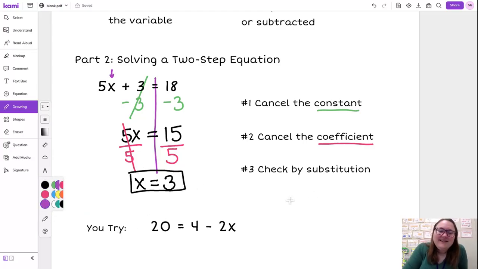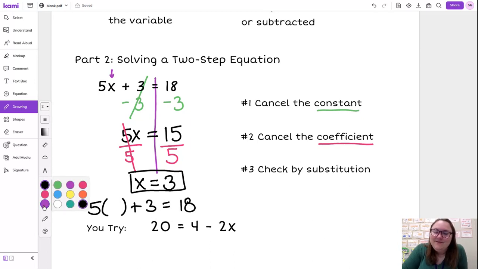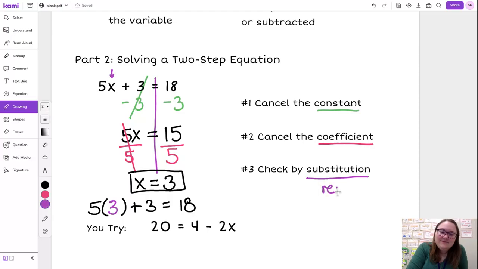I put over here our last step is you can check by substitution. Remember, this equation is saying 5 multiplied by what number plus 3 gives us 18. And we have figured out that that number is the number 3. So I can check by substituting. That means replacing.